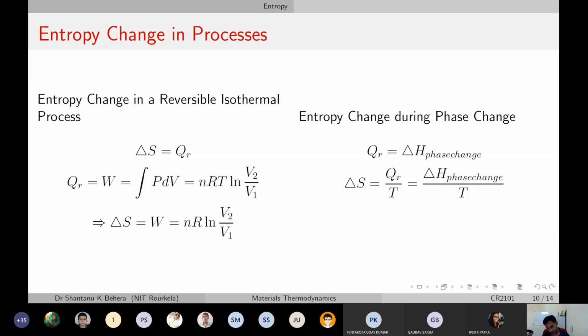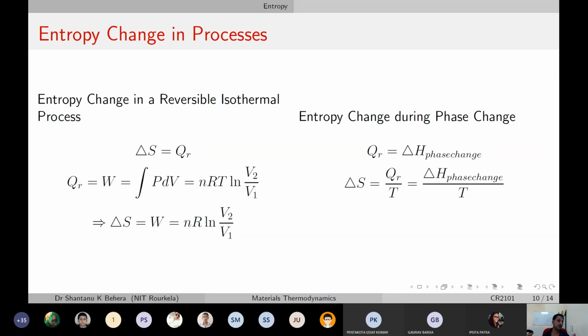And one more thing that we should consider here is that entropy changes with temperature generally continuously, with a smooth curve. But it's discontinuous at the point where there is a phase change.